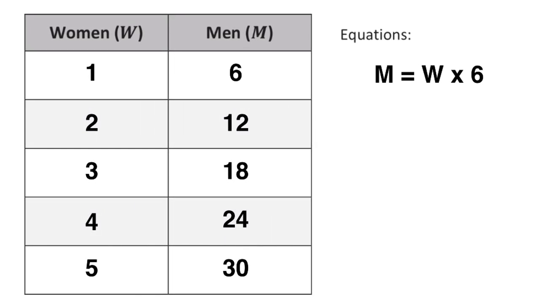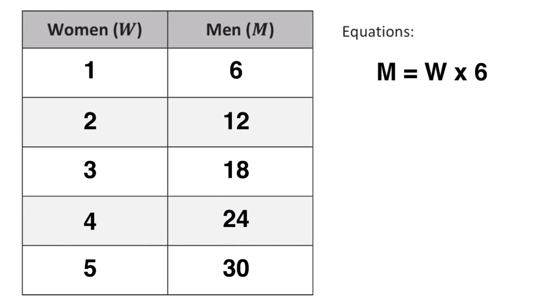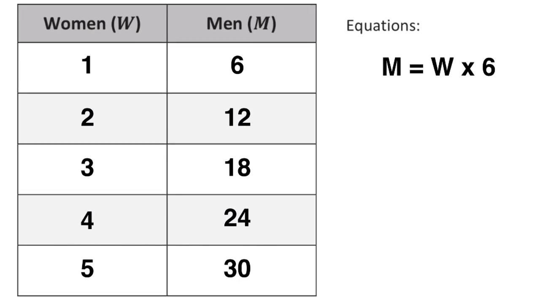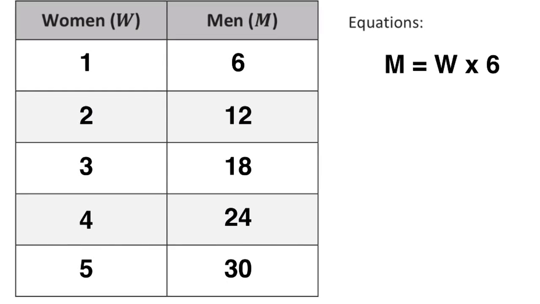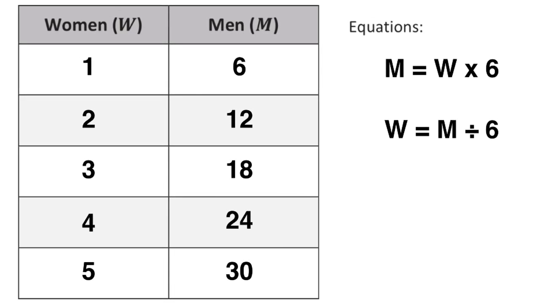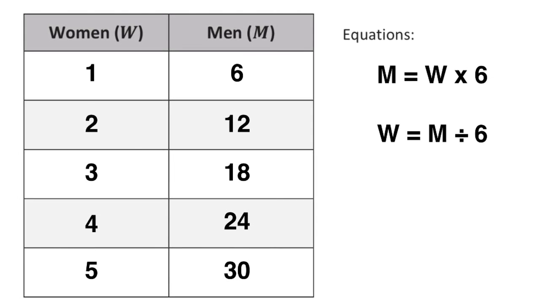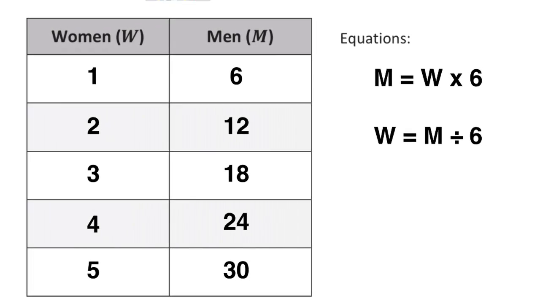One possible equation is that the amount of men equals the amount of women times 6, because we were told that 6 times the amount of women is equal to men. Another equation is just the opposite: the number of women is equal to the number of men divided by 6.